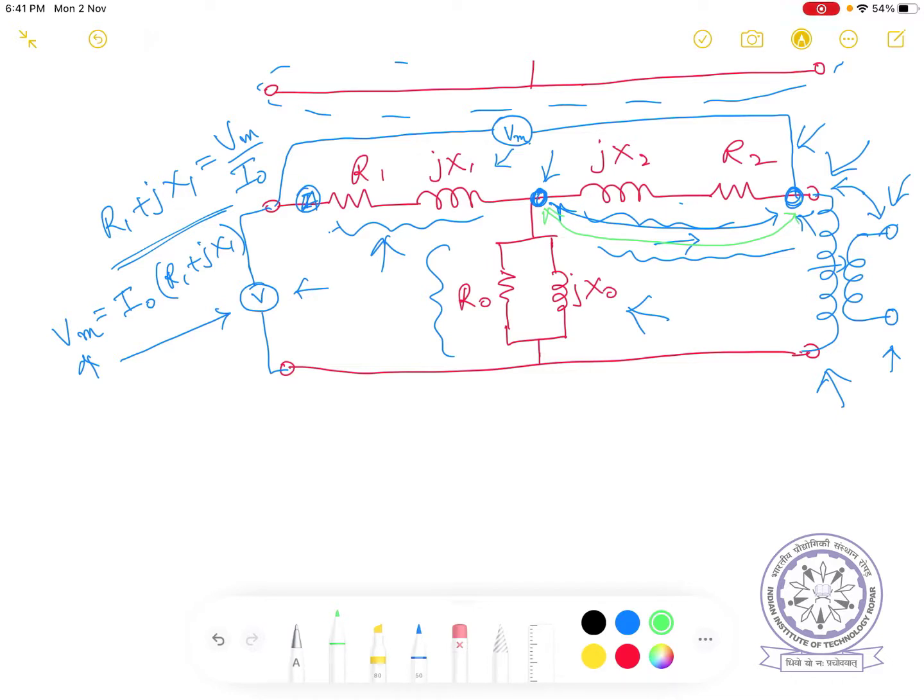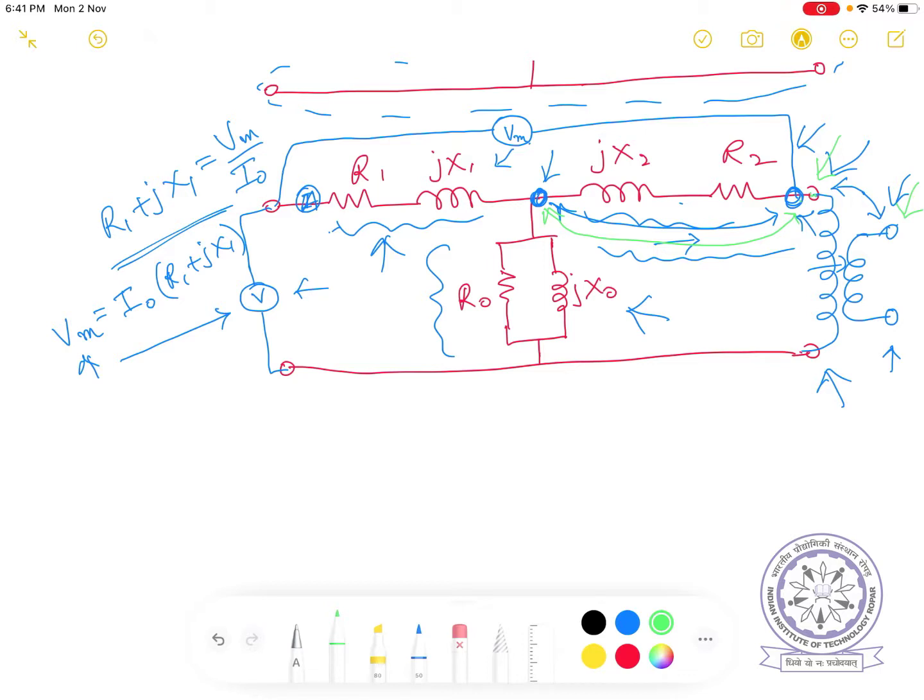But if you go to the actual transformer, here this is a referred quantity. This side is not accessible directly. So you can only access this point. Of course, this is the ideal transformer here, at the end. So how to access this one?